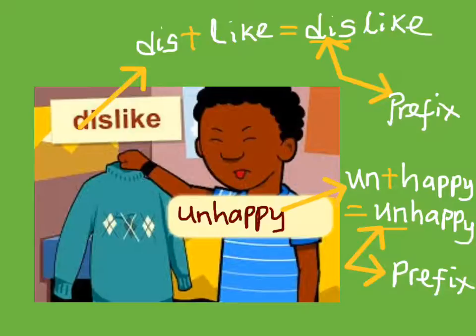Unhappy now is the opposite of the word happy. Another opposite of happy could be sad, but since we are talking about prefixes denoting opposite, we are talking about opposites that are formed using prefixes. So we use un. Un plus happy equals unhappy. As you can see in the illustration, the un is the prefix.